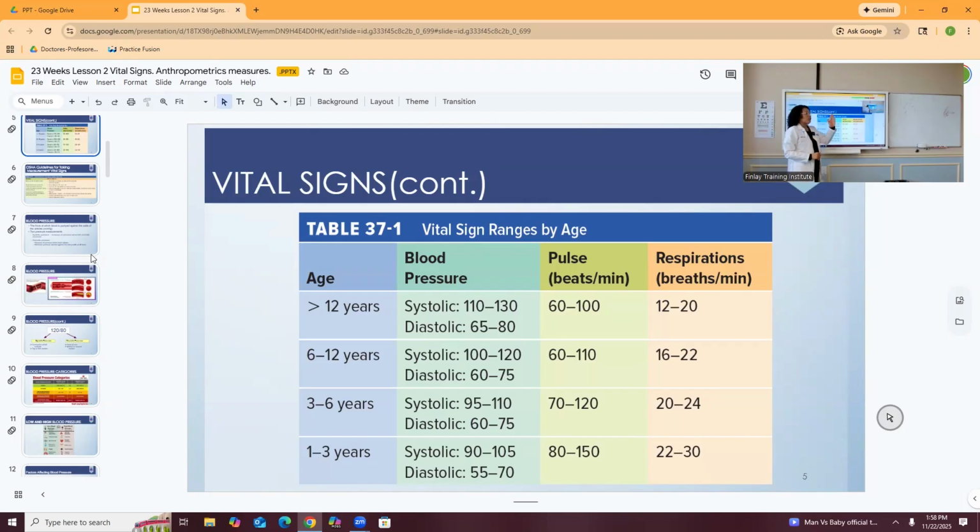The pulse goes from 70 to 120, and the respirations go from 20 to 24. Remember, the younger the patient, the higher the respirations and the pulse limits are going to go. And for the one from 1 to 3 years old, systolic blood pressure goes from 90 to 105 over 55 to 70 on diastolic. And the pulse goes from 80 to 150 and respirations from 22 to 30.